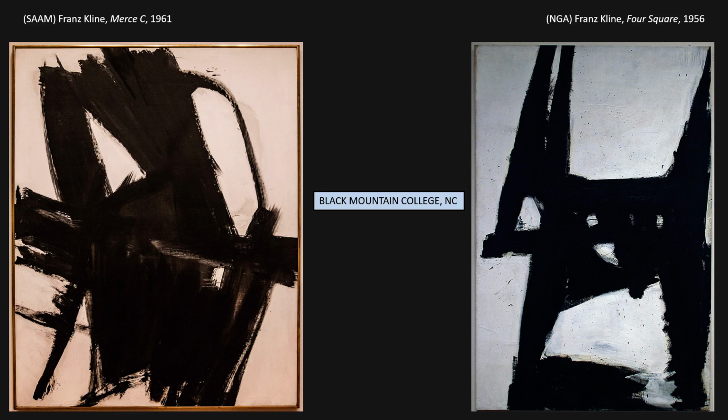So Franz Kline was teaching painting there at the same time that Merce Cunningham was teaching choreography, dance, right? And this was intended as an homage to the greatness of his colleague, to the things that Merce Cunningham was actually doing at Black Mountain College.